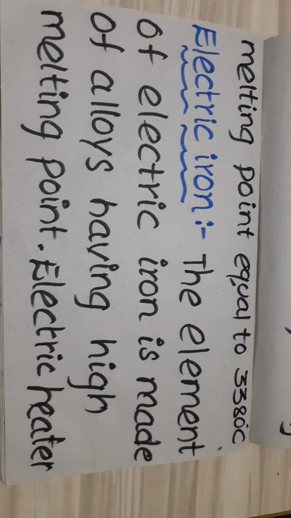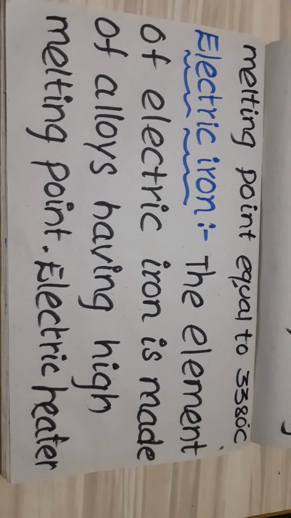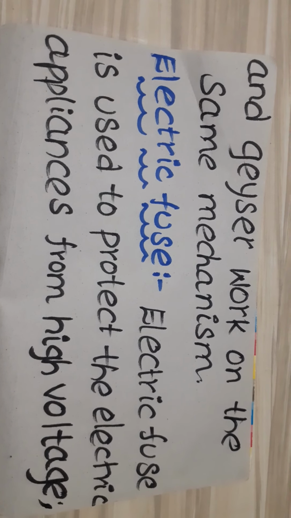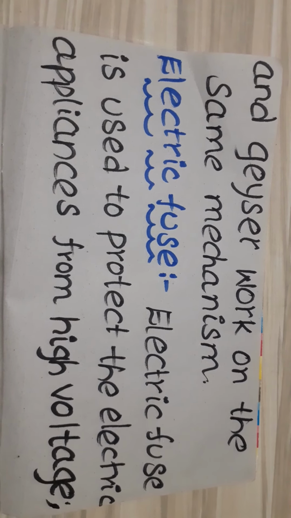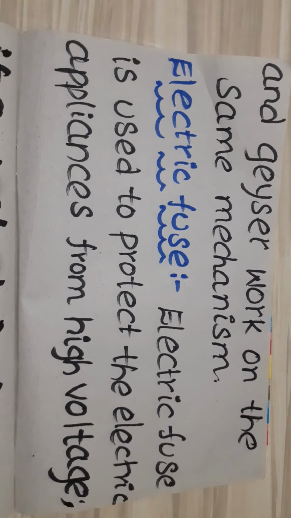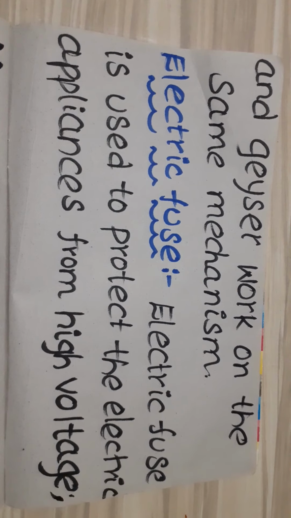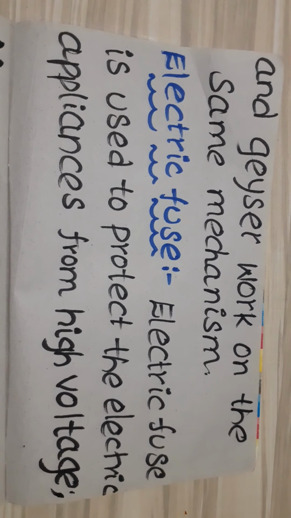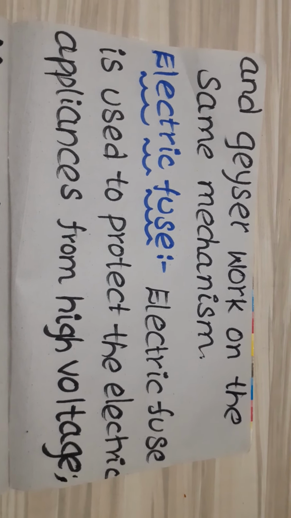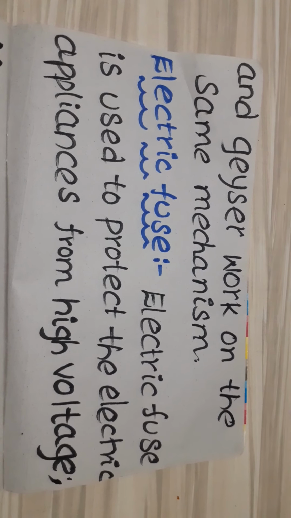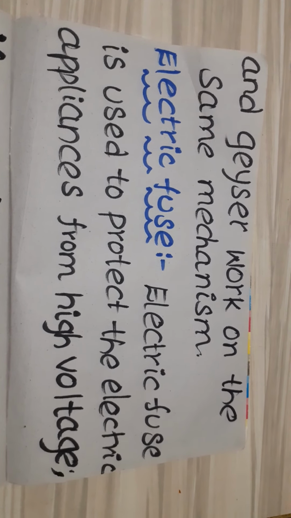The heating effect of electric current is also used in the electrical heater and geyser, which work on the same mechanism, meaning that here we use conductors. In an electrical heater, the appliance is made up of a number of ring shapes.